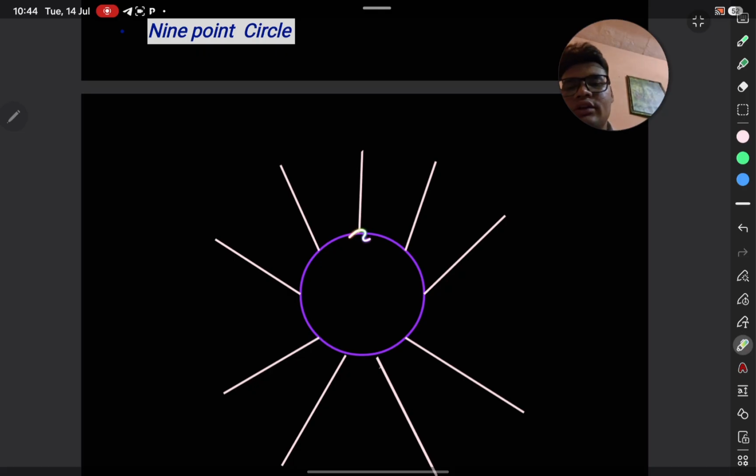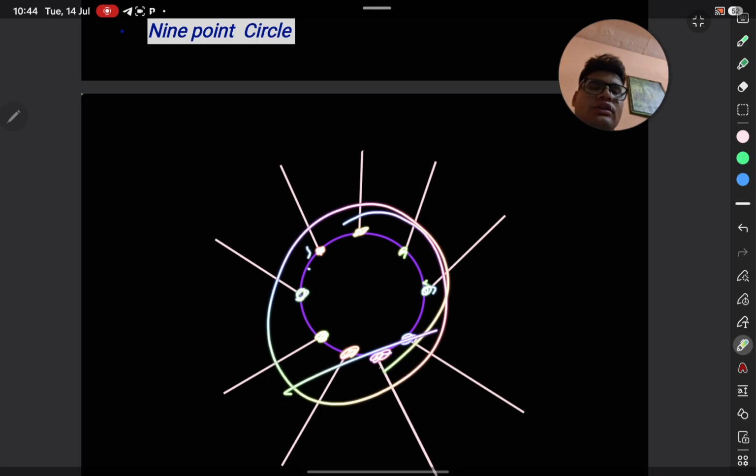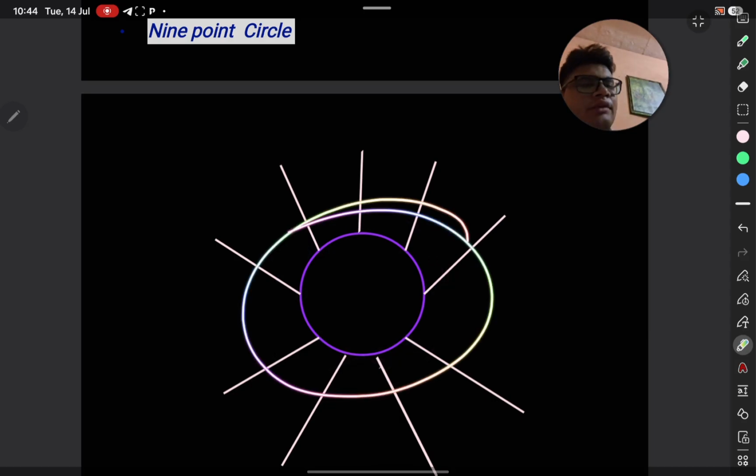So this is a circle, and these are 9 points: 1, 2, 3, 4, 5, 6, 7, 8, 9. These are 9 points on the circle.